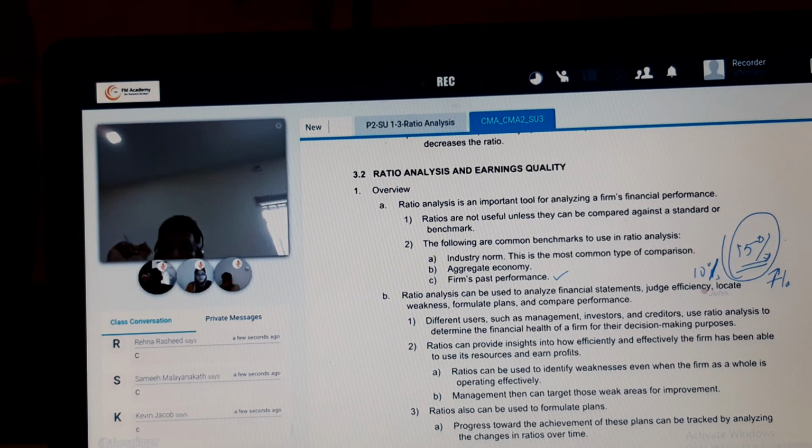But you should understand that industry averages are useful only for companies engaged in one type of business. But when you are a conglomerate, what is meant by conglomerate? The company is engaged in more than one industry, right? So there, the blanket profitability ratios will not be suitable for comparison as such.